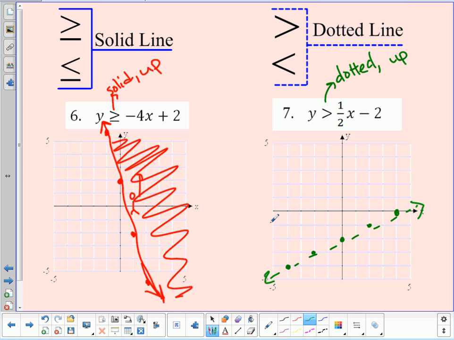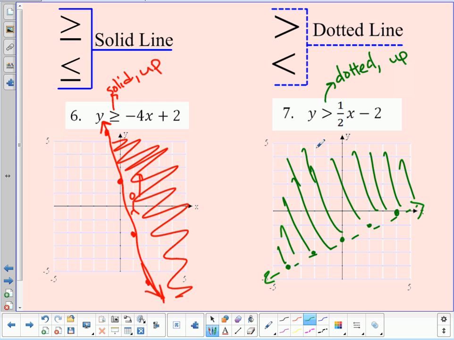Jump up in the air. There you are, up in this region above. Again, don't forget that you can test a point. So if you want, say like 0, 0, plug in 0, 0 for x and y and see if it's true or not. If it makes this inequality symbol true, then that's where you shade. If it was false, then you would shade down below.